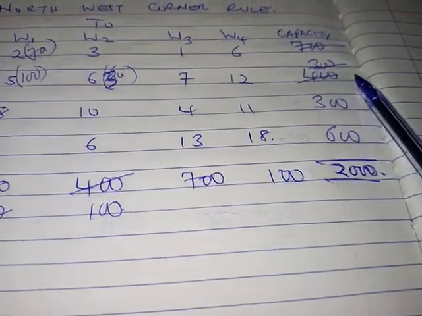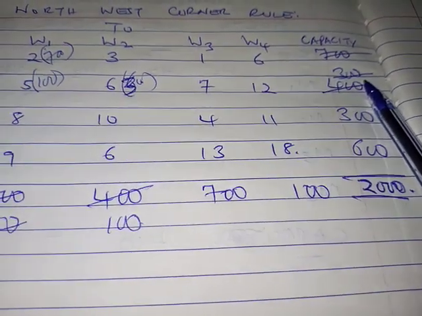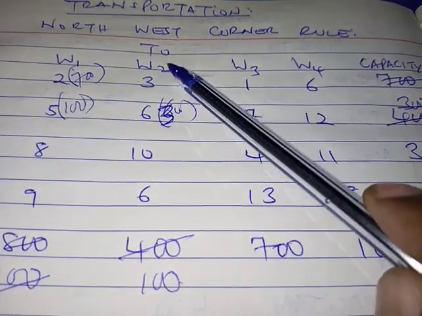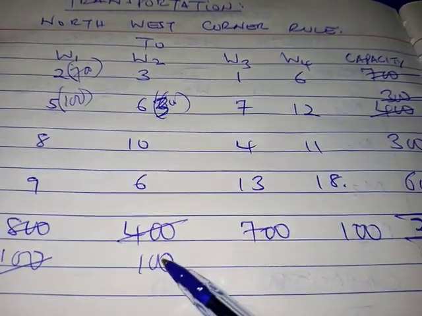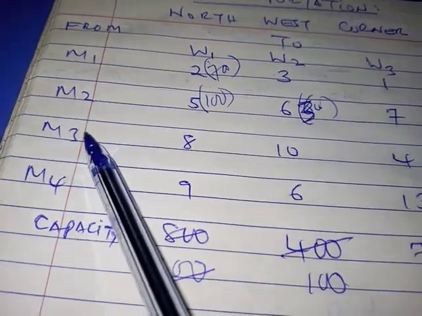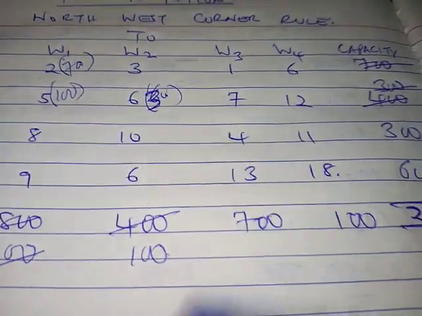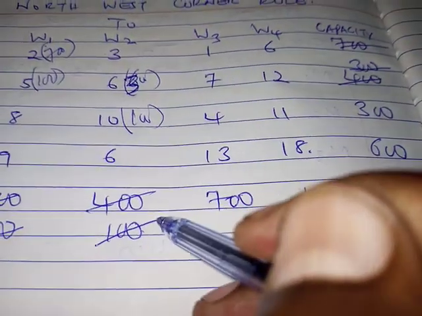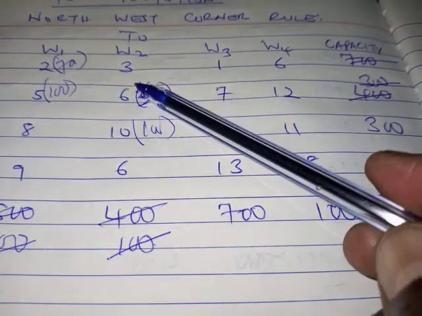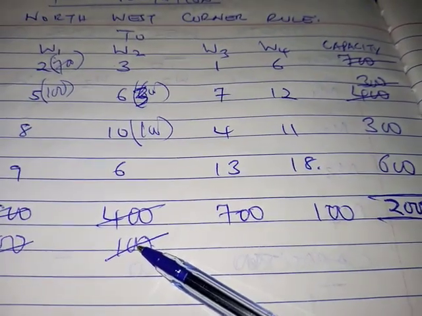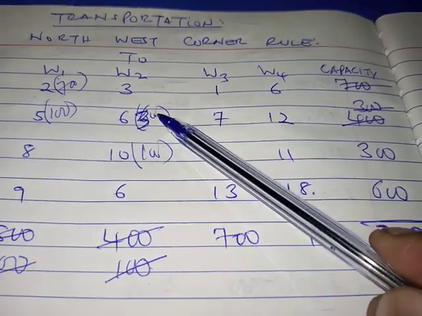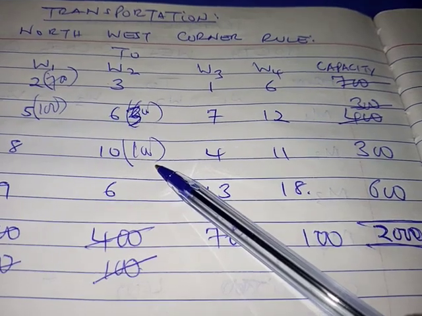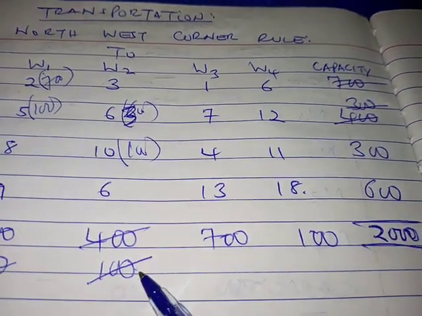Now that we have cleared the capacity for M2 and we still have a capacity for W2 of 100, we pick that 100 from M3 at 10 shillings. We shall assign that 100 at 10 shillings, then we cancel out the balance for W2. W2 has already received 300 from M2 and 100 from M3, and therefore W2 has been filled to capacity.